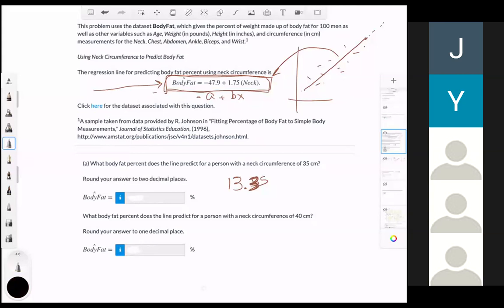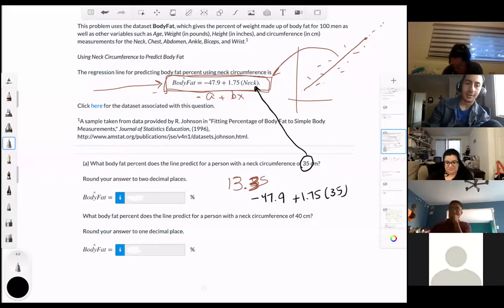You're right. Okay, 35 goes over here. We have negative 47.9 plus 1.75 times 35. See, that's what I was trying to get at. I was like, where do you plot 35? Very good. Here they said body fat, correct? So the only thing left is the fat. I just didn't know where to plot the 35.